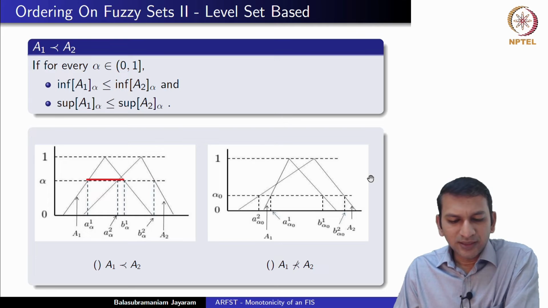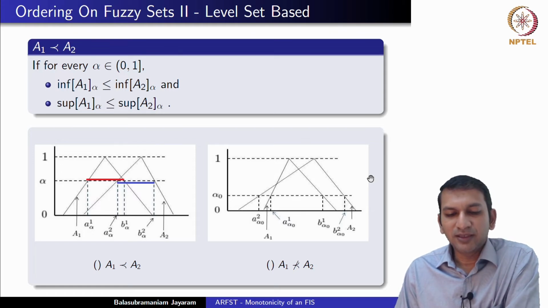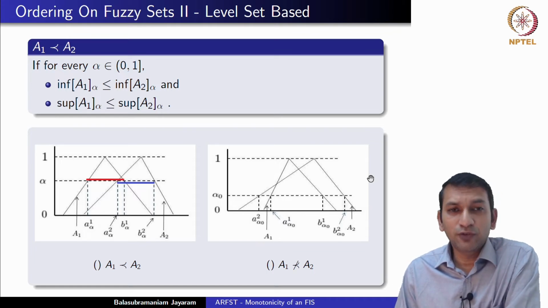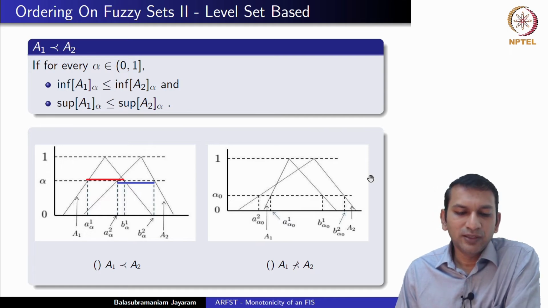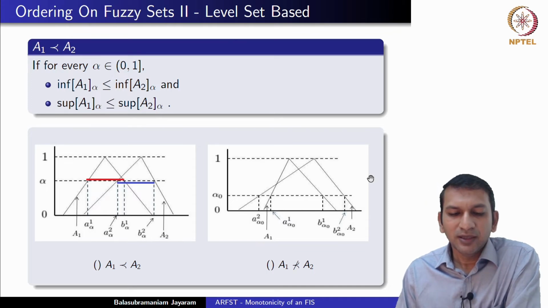Now, why is this orderable with respect to this ordering? For any alpha, in the case of this particular alpha, we see the interval is essentially the red line, and for A2 at the same alpha, it is the blue line. So essentially the interval consists of all those red points on X and blue points on X, and clearly the infimum of these two intervals is comparable, the supremum of these two intervals is comparable, and one is smaller than the other.